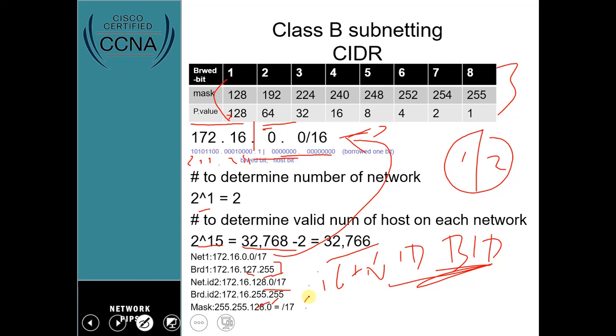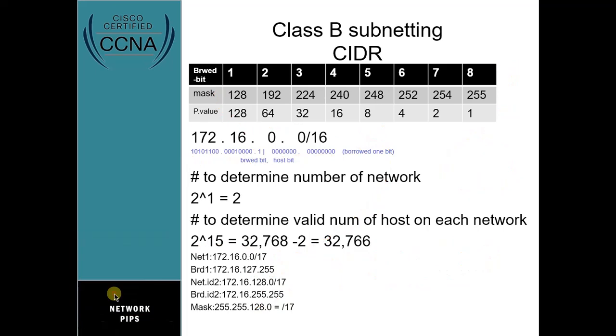Now, what is the first valid address on this network? The first valid address on this network, for example, is going to look like this: 172.16.0.1.